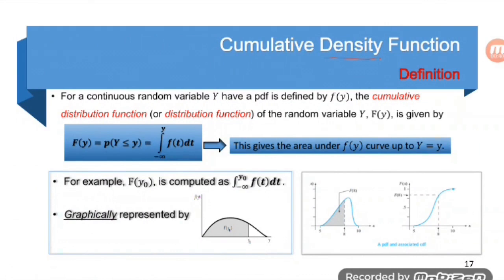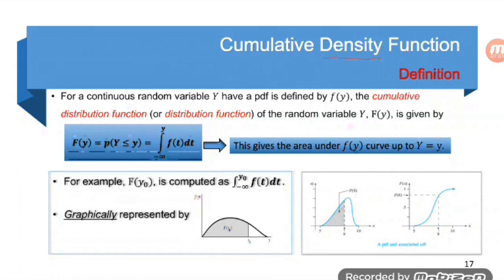For a continuous random variable y that has a PDF defined by small f of y, the cumulative distribution function, or sometimes we call it the distribution function of a random variable y, denoted by capital F of y, is given by this formula.